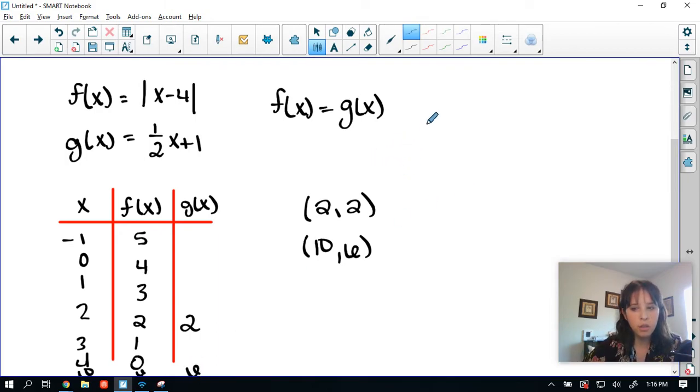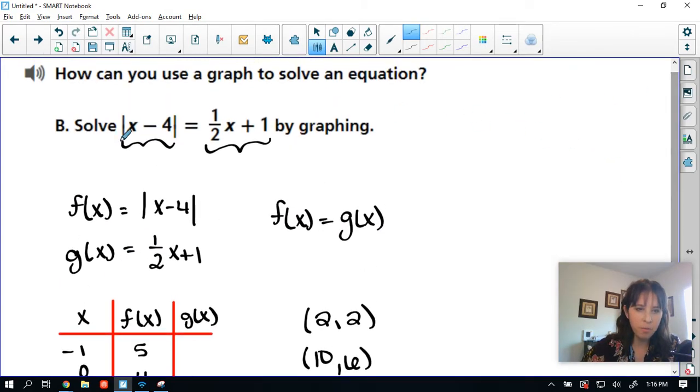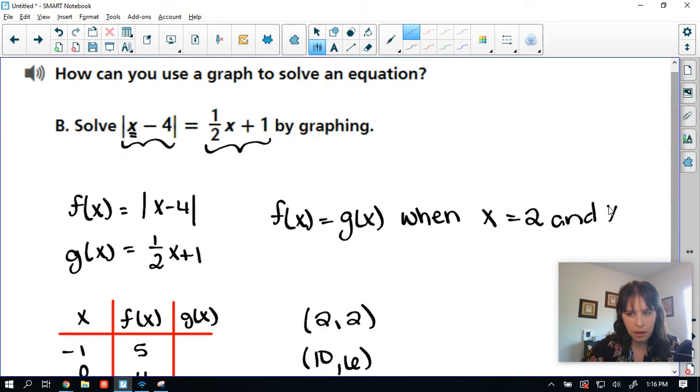Okay, so the solutions to my problem, because again, we're solving for x, x is our variable in here. So I'd say f of x equals g of x when x is equal to 2 and x is equal to 10. So there's two x values here where we could have a solution to our equation.